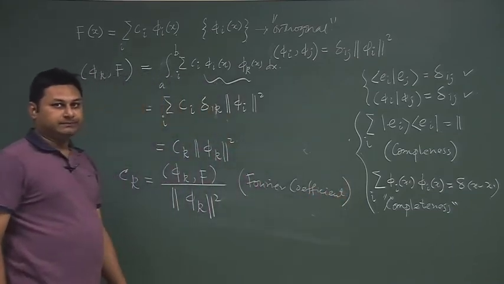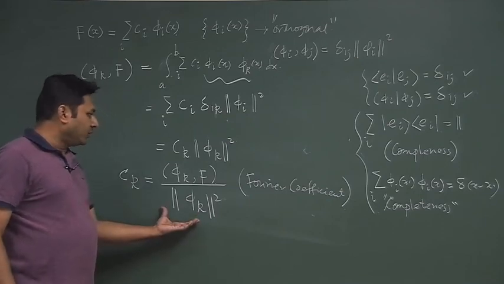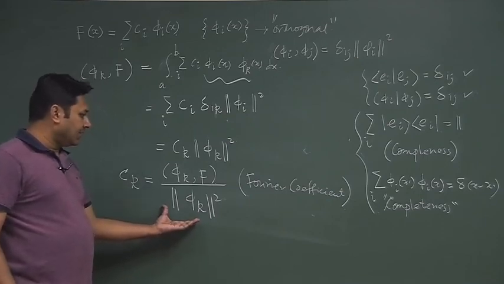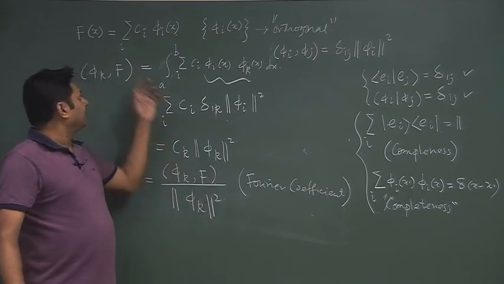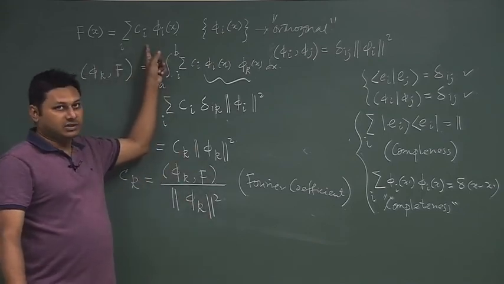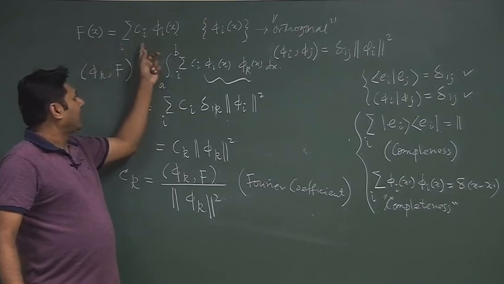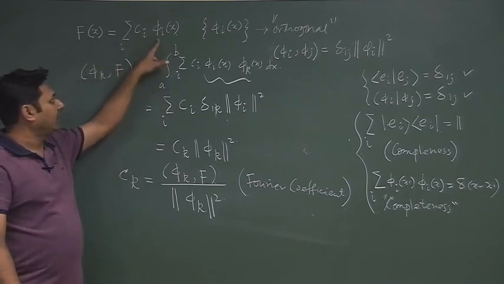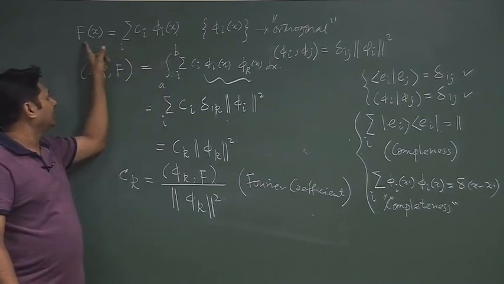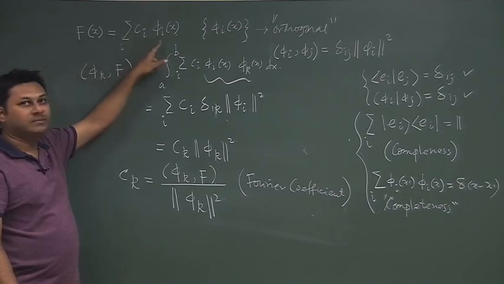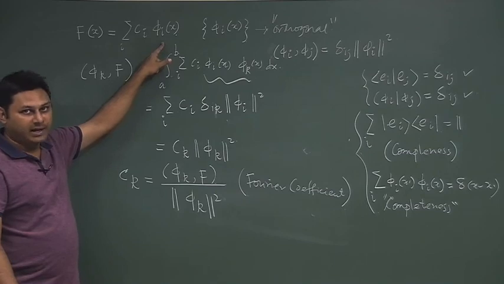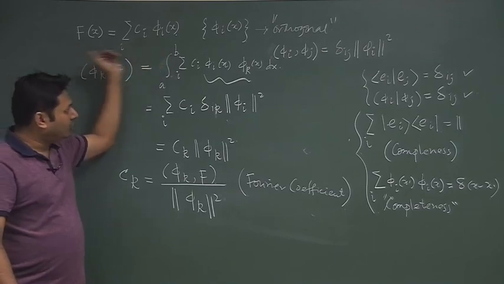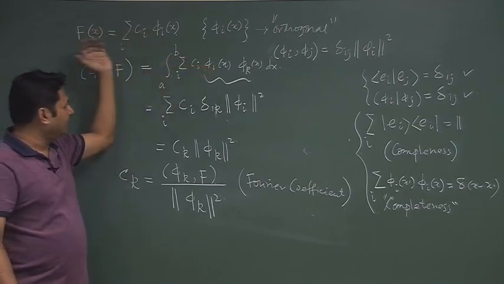Now why this coefficient looks like this, we can do maybe in the next class. If I say this function is equal to this function, I need to decompose this function in terms of basis functions, and the basis is of infinite dimension. That means I need to take an infinite number of points.